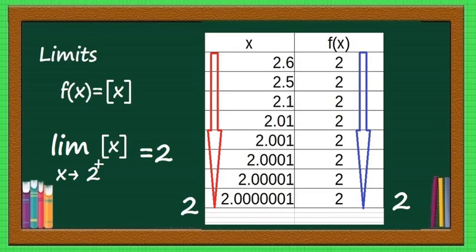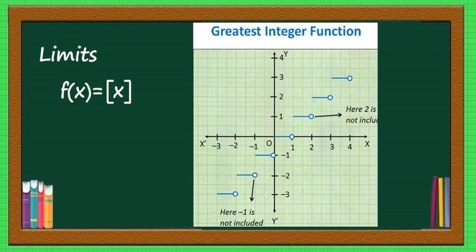From the right side, if you approach 2, f of x is approaching 2. And you see the graph of the function; the greatest integer function is also called the step function. When x is approaching 2 from the left side, f of x is approaching 1, and when x is approaching 2 from the right side, f of x is approaching 2.